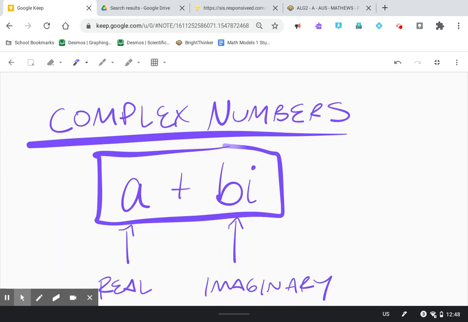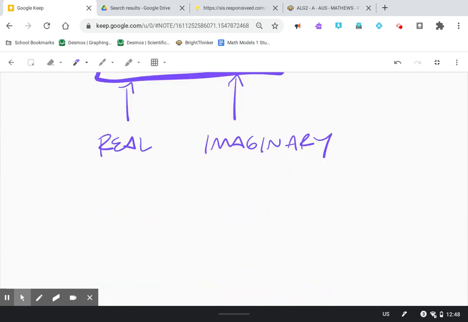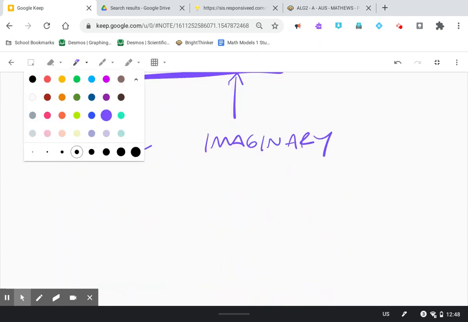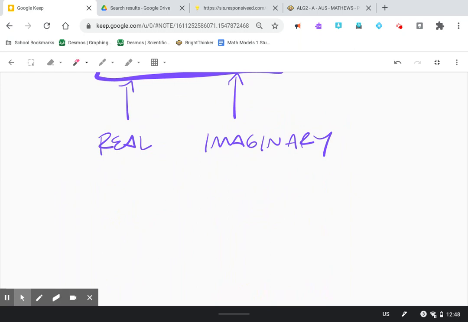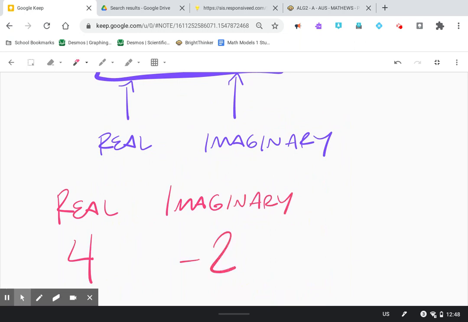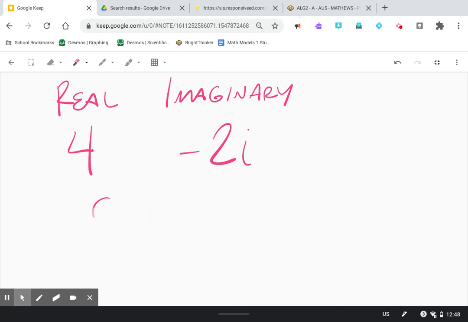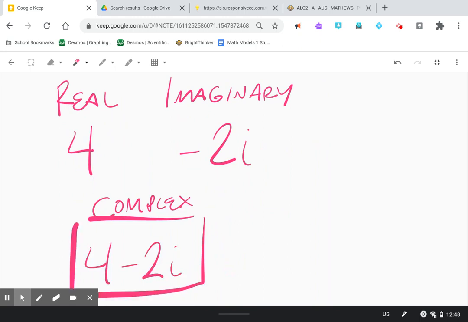So for instance, if I was told, okay, you have a real portion of 4, and you have an imaginary portion of negative 2i, then the way to combine that would be 4 minus 2i, and that would be the complex number for that.